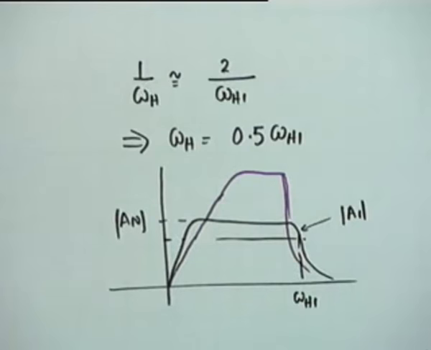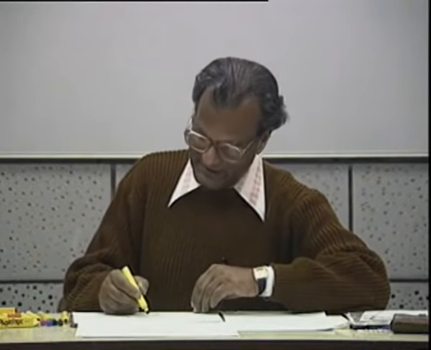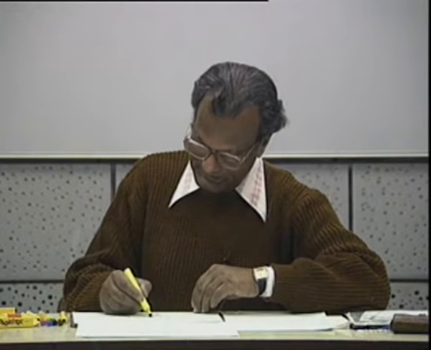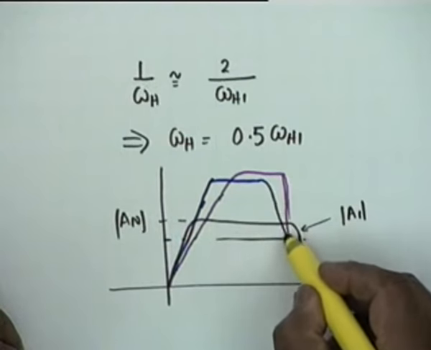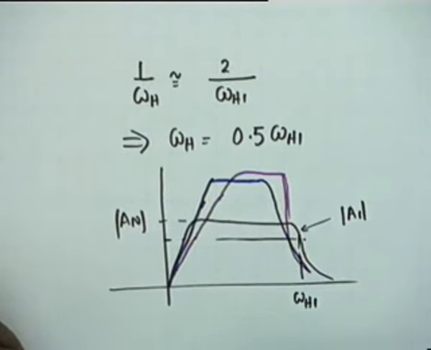I have not been able to draw it correctly. Let's use a different color. It will come like this. Omega H for the overall amplifier will be lower. That is, this cascaded amplifier can go up to not as high a frequency as the individual stage.